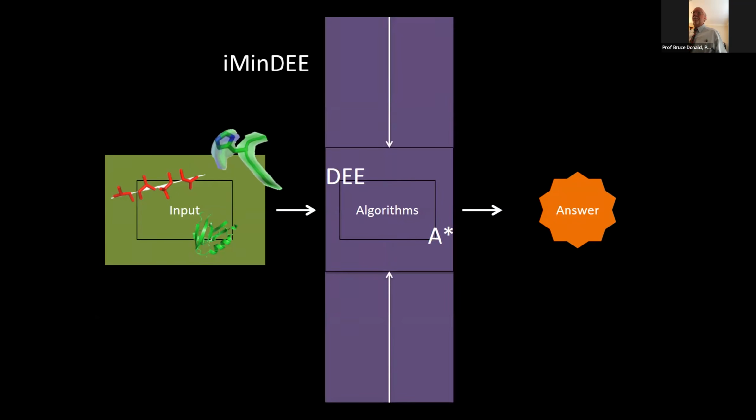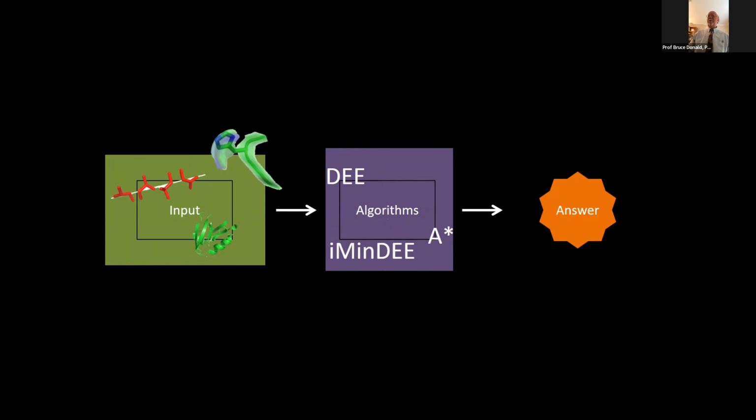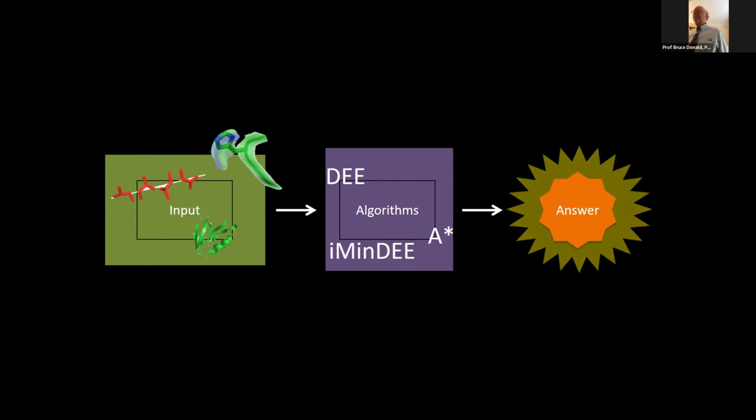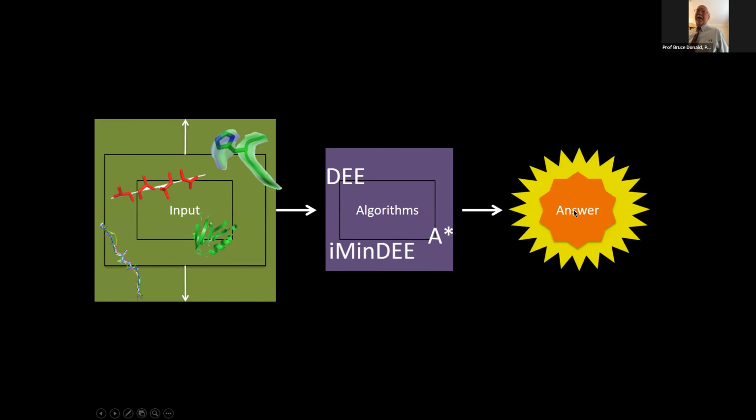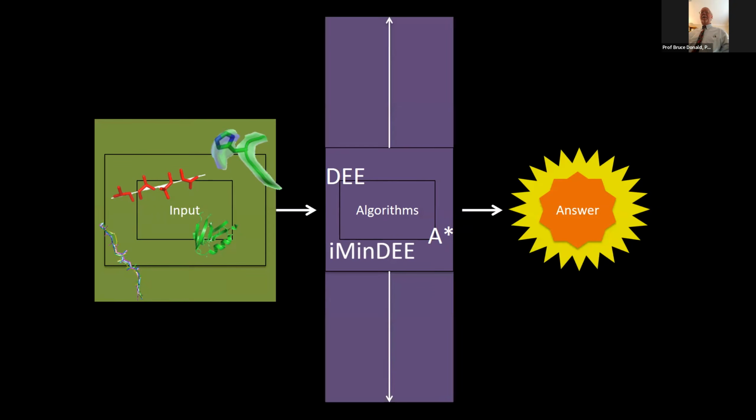So then you might have an algorithm called minimized dead-end elimination that looks at the more sophisticated input model, and it's only a little bit more expensive, but gives you a much better answer. Again, each time we make the input model more accurate, for example adding backbone flexibility, it blows up the computation to be something astronomical.